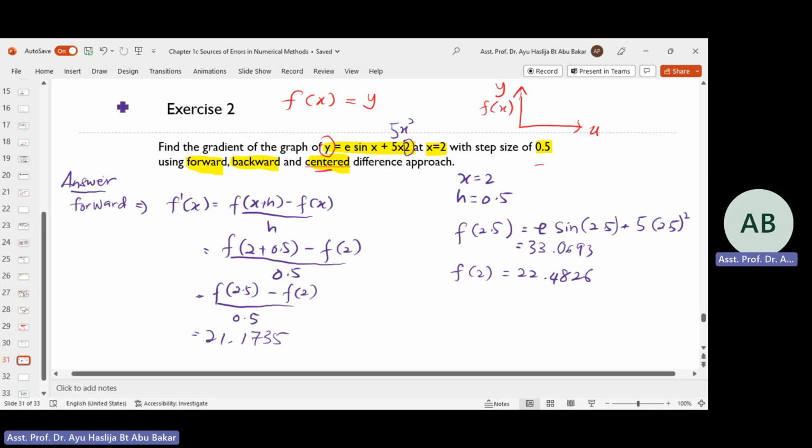What I meant just now: e sine x plus 5x2. If you use alpha ln, you will get 32 something. How did I get 33? I use shift ln. If you use alpha ln, your value will be 32. Still acceptable.